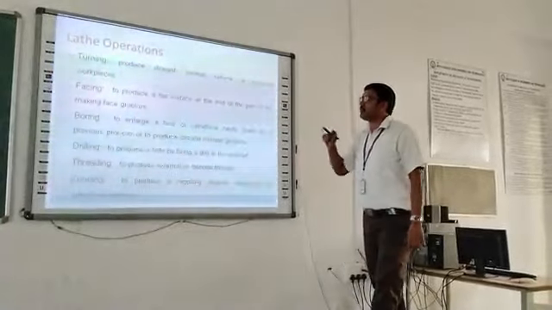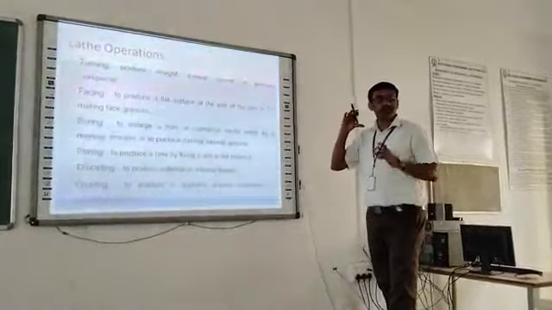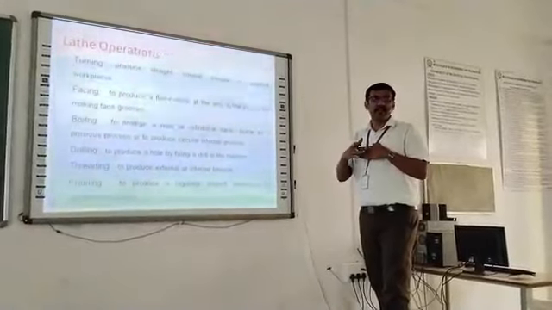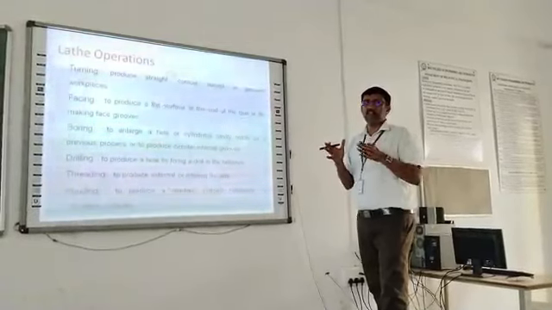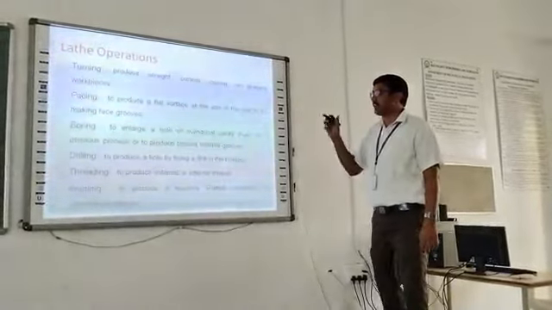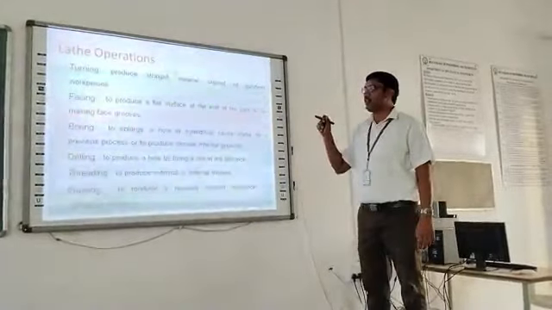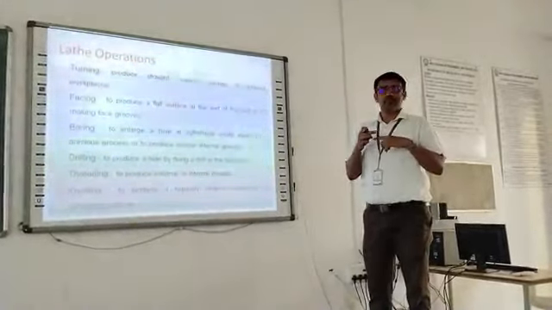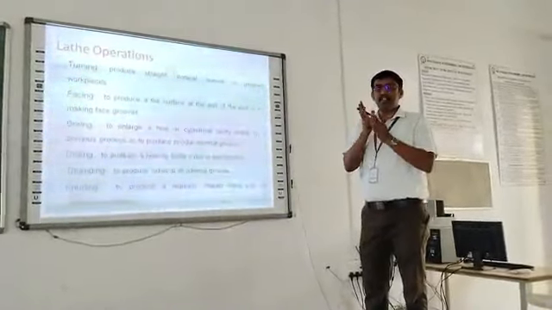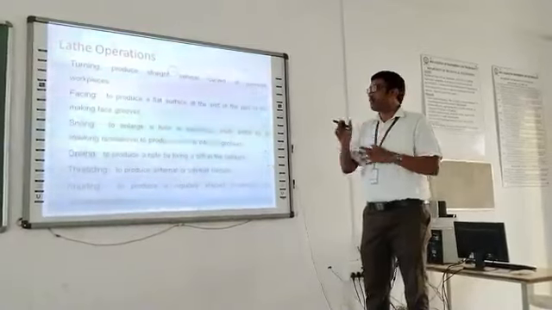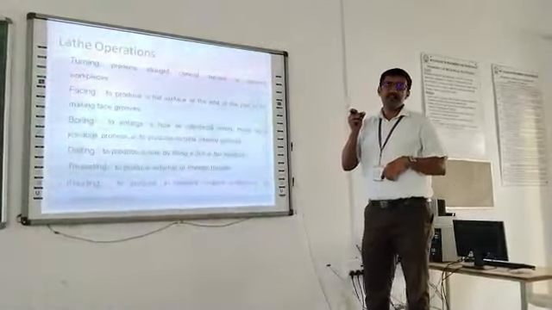Then facing, which reduces the length of the workpiece, produces a flat surface at the end of the part or makes face grooves. That's why it is called facing, the cross part of the workpiece.